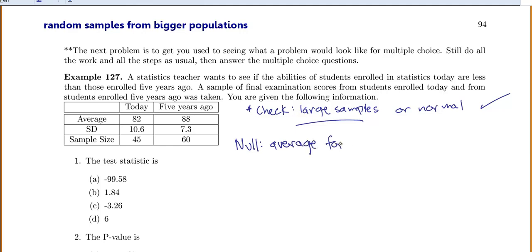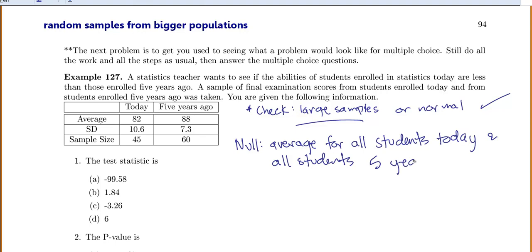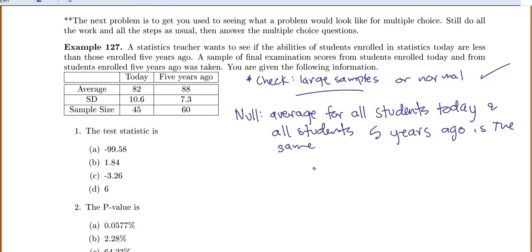So the average for all students today and all students 5 years ago is the same. And then, she wants to see if the abilities today are less. So the average today is less.